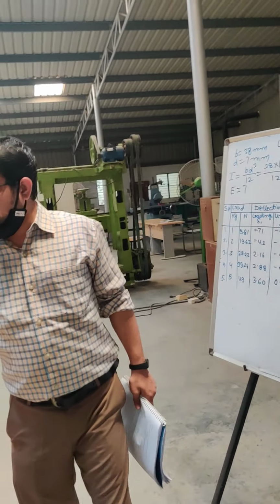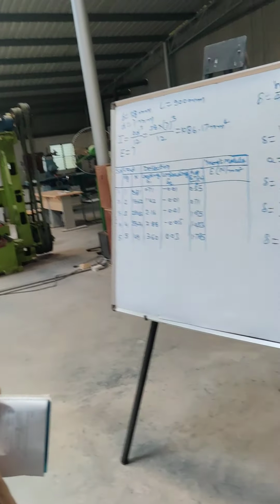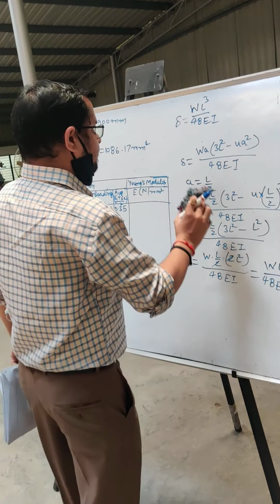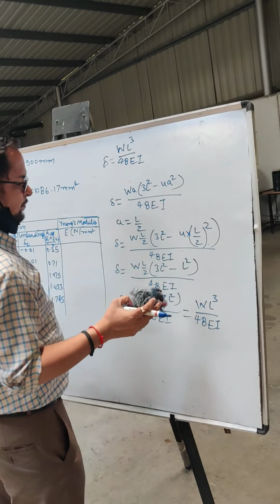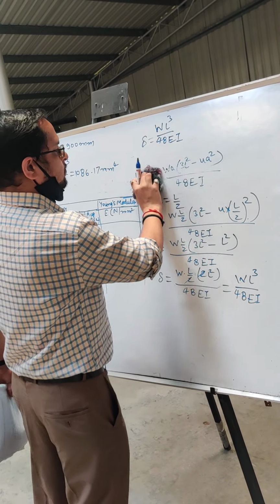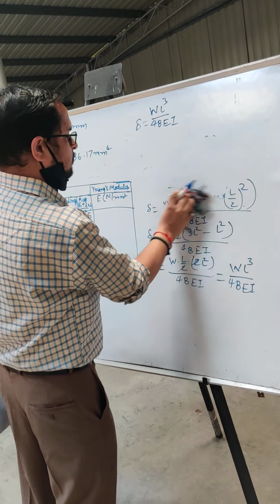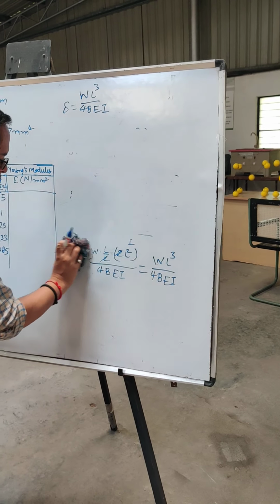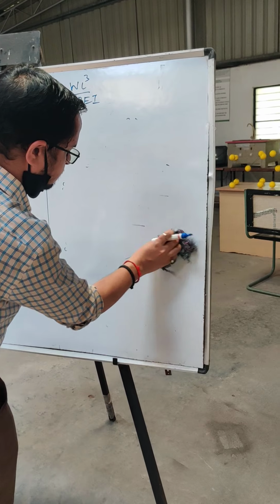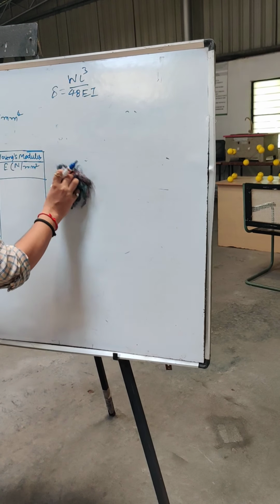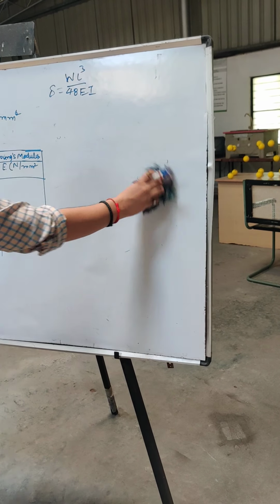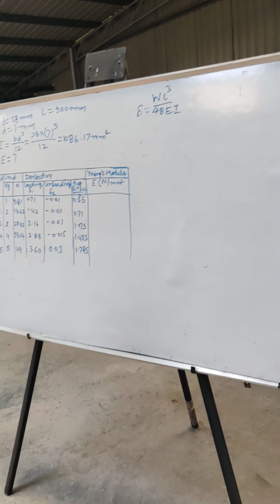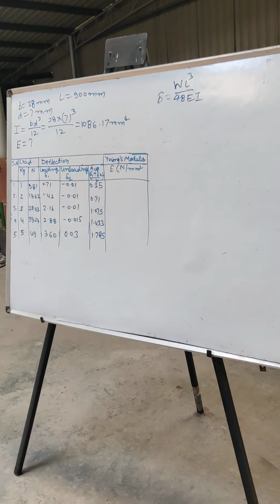So we have to take the effective length, which is the length of the beam between two supports. The calculation is very easy.